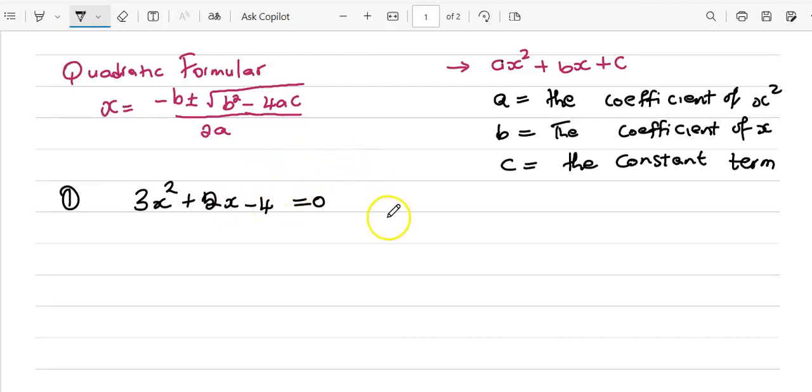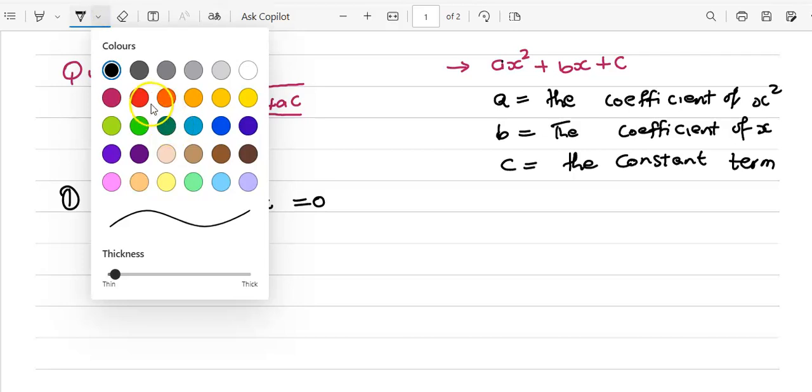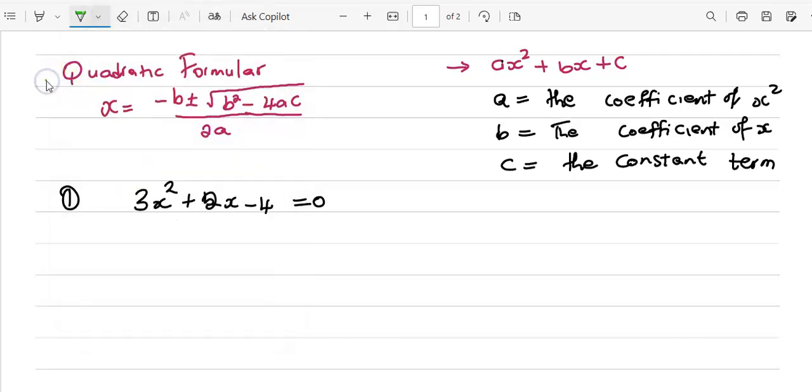What I need you to know is that most of the time we use the quadratic formula to factorize or solve for x, where you are given a quadratic equation.